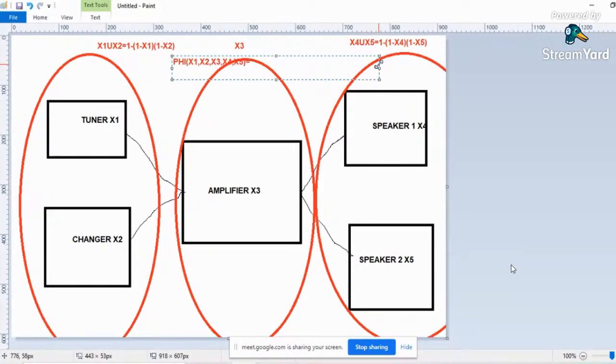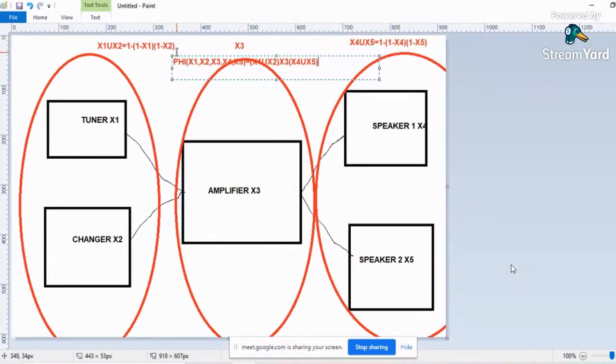These three modules are in series, so we can take the product of x1 union x2, that is the first module structure. Then x3. Again, the third module structure is x4 union x5. So this is the structure function, the product of these three terms.